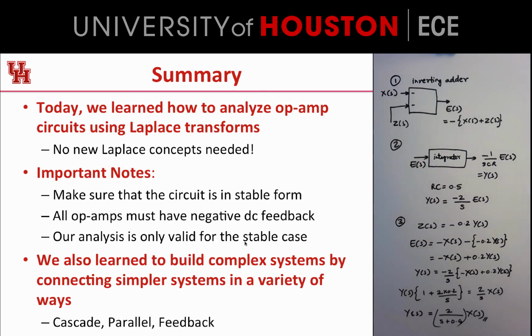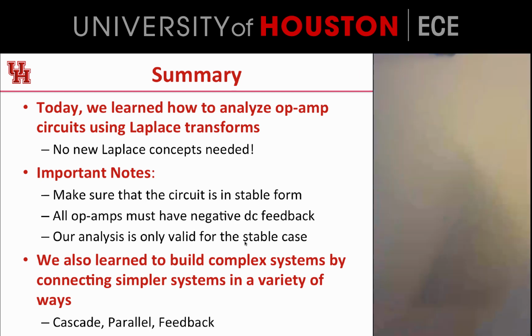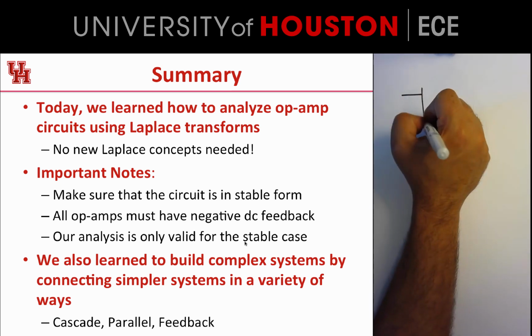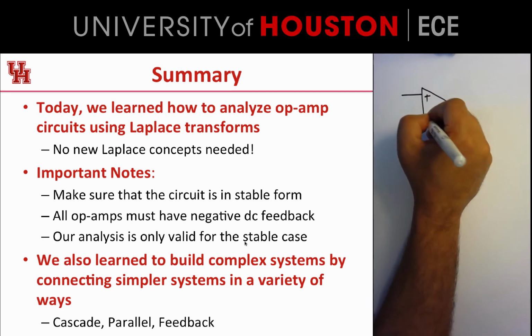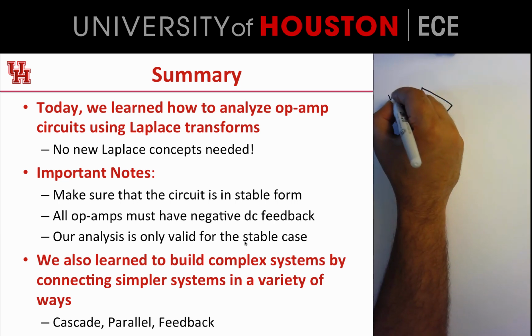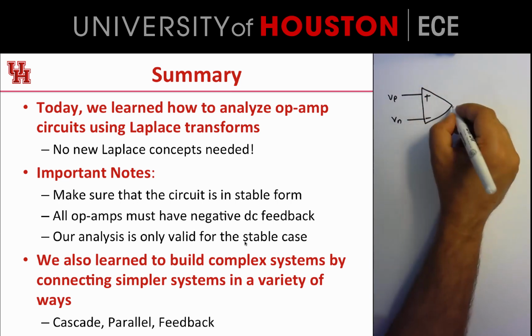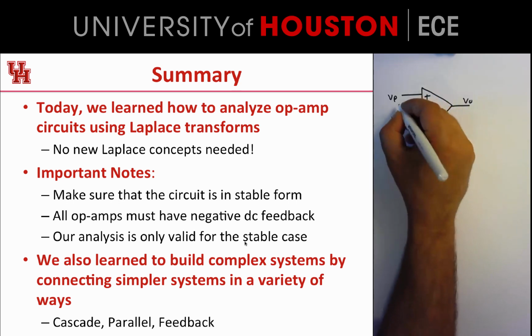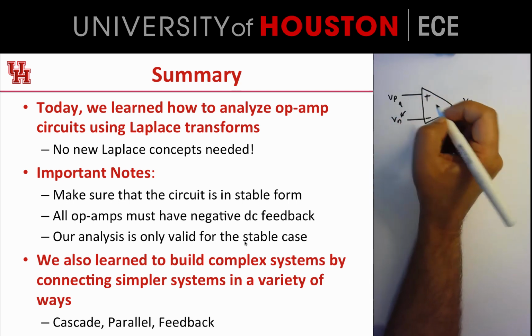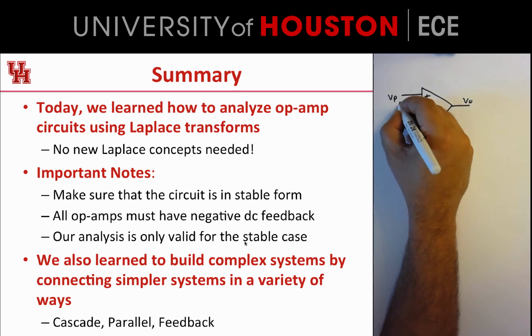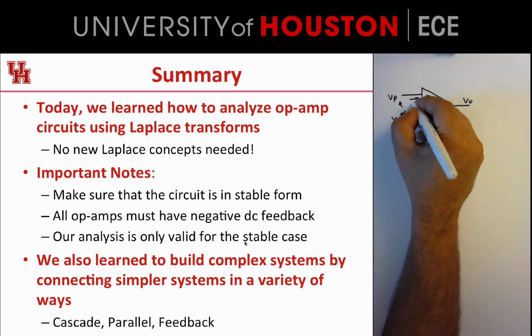So all op-amps must have negative DC feedback. And whenever that is true, the two input voltages to an op-amp are equal. So if you have an op-amp, you've got the positive voltage, the negative voltage, and the output voltage. When it's in feedback, these two are the same, and these two currents are zero.